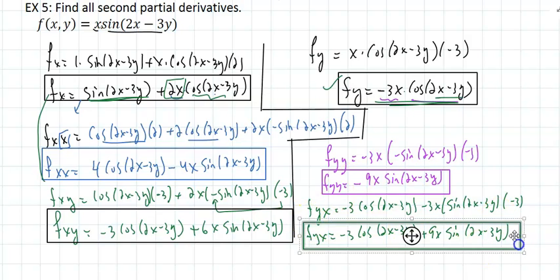I found it. It's right there. Let's go over that. If I take the derivative of this with respect to x, we said derivative of negative 3x is negative 3 times the cosine, that works, plus minus 3x. Derivative of this with respect to x is negative the sine of 2x minus 3y times the derivative with respect to x.